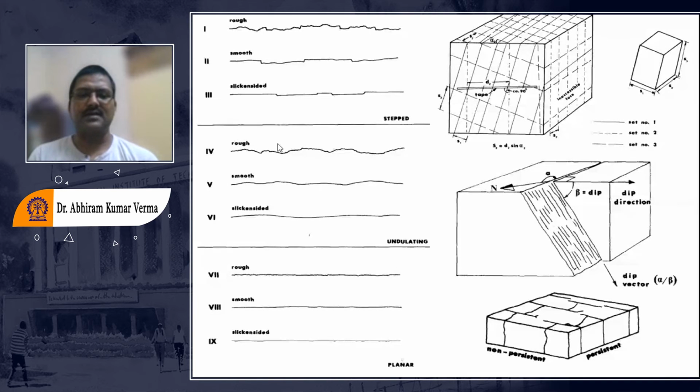But roughness is affecting a lot. If I'm pushing the rock from left to right and right to left, as the roughness becomes more and more, this effect will also increase. So that's why roughness is a very important property, and we will see how.